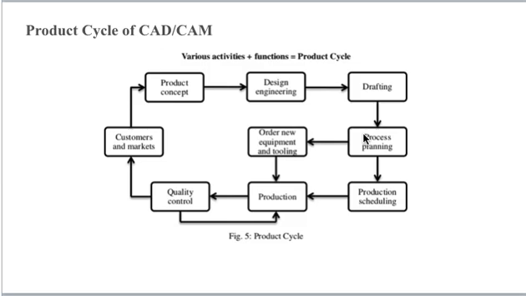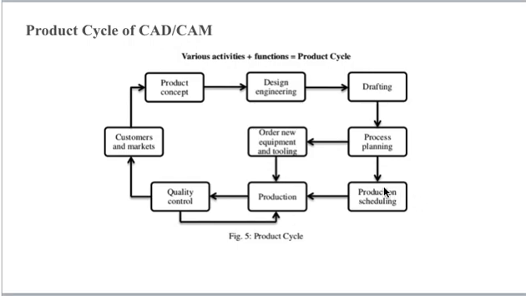The next activity involves the manufacturing of the product. A process plan is formulated which specifies the sequence of production operations required to make the product. New equipment and tools must sometimes be acquired to produce the new product.